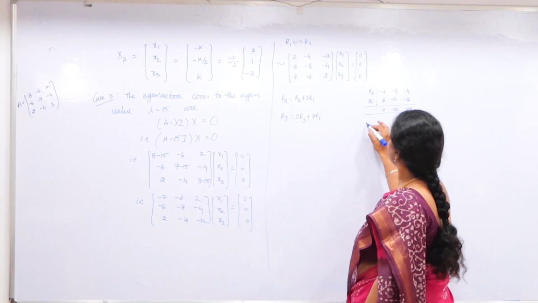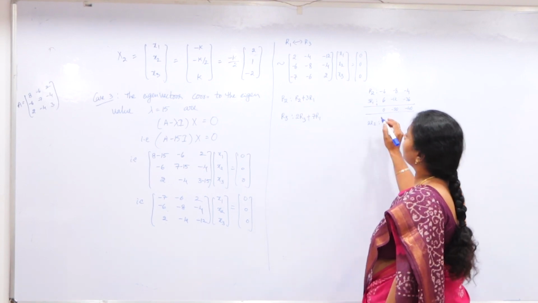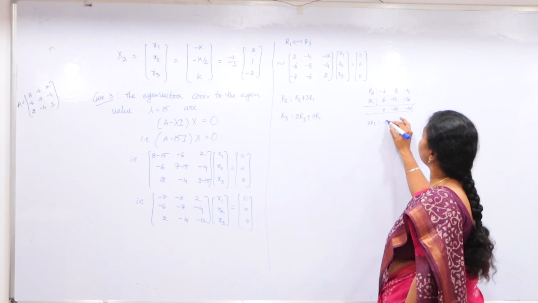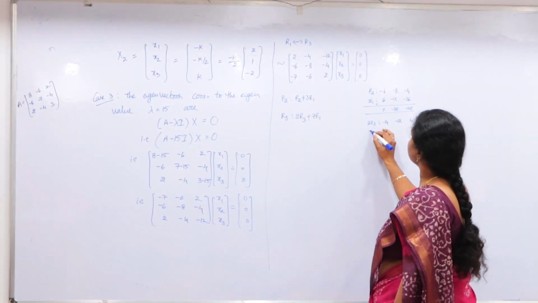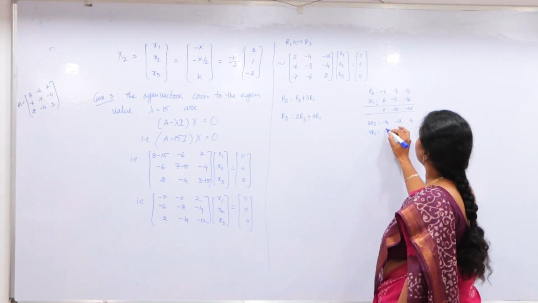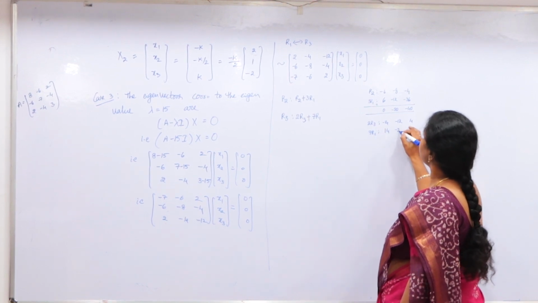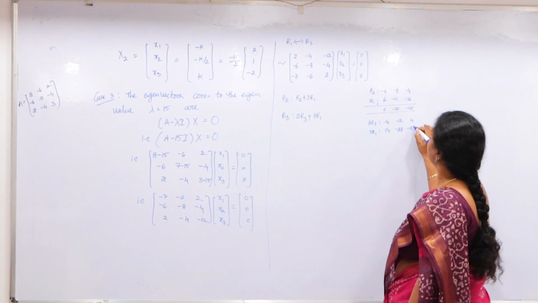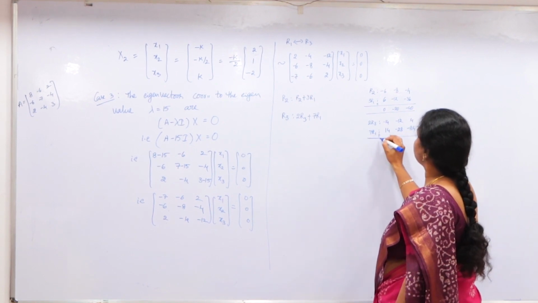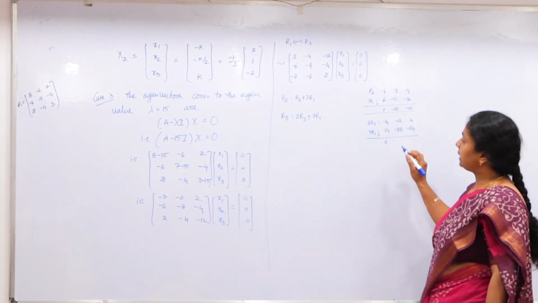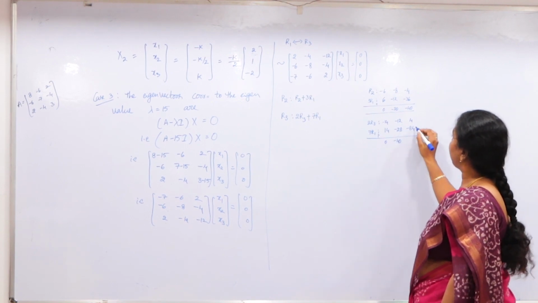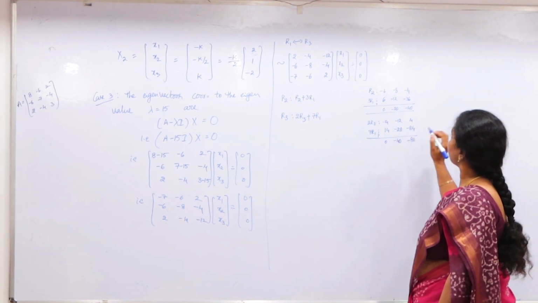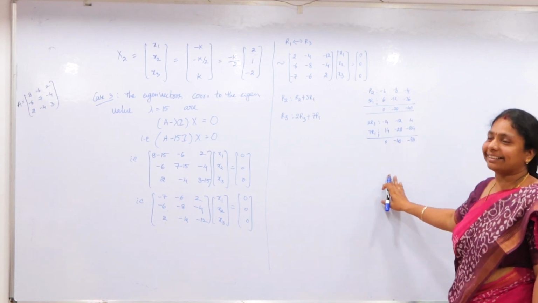Next row operation, what is 2R3? 2R3 is minus 14, minus 12, 4. Next 7R1 is 14, minus 28, minus 84. Next, addition. Minus 14 plus 14, 0. Minus 12 minus 28, minus 40. 4 minus 84, minus 80.